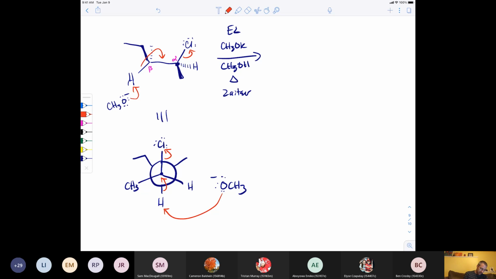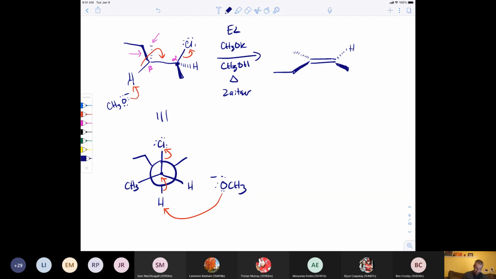And so what you're going to get as our product here is, you can imagine forming the double bond, and the one in front, the one kind of coming towards us, is the ethyl, and the one going away from us is the methyl. So that's this group here and this group here. On the other side, we would draw the hydrogen going back and the methyl coming out here.